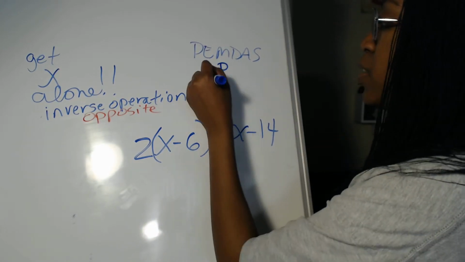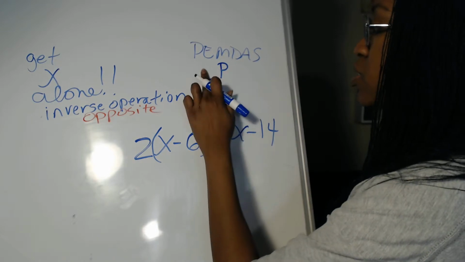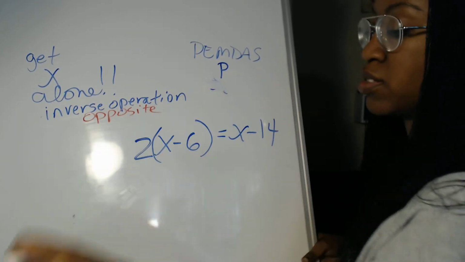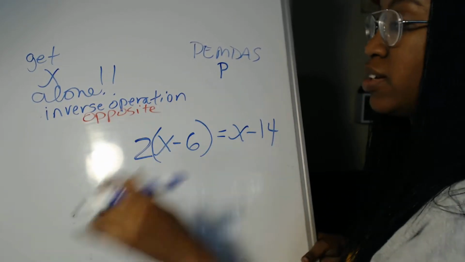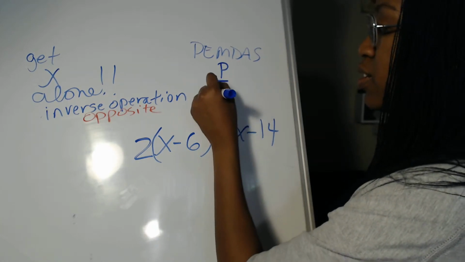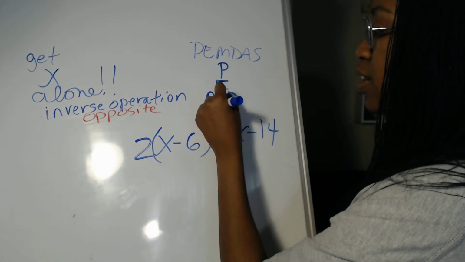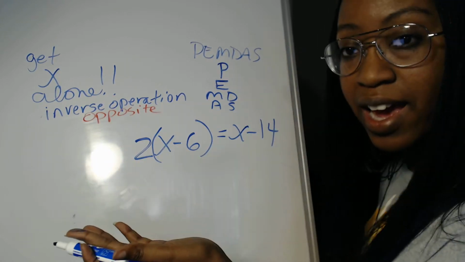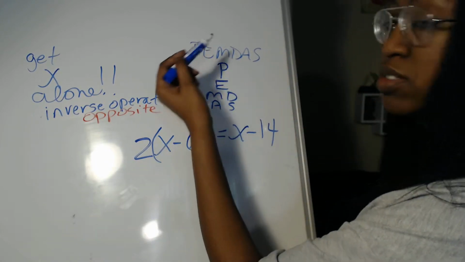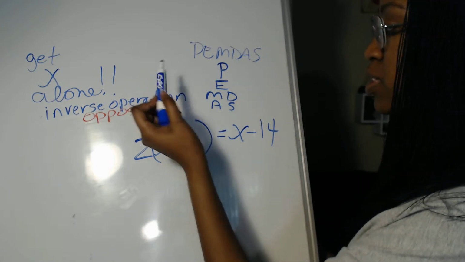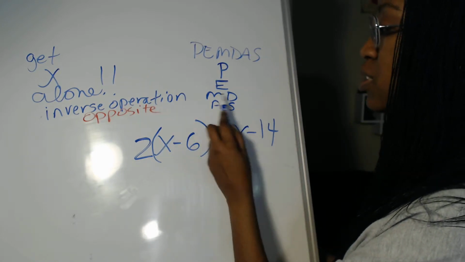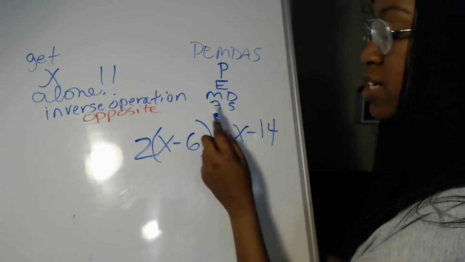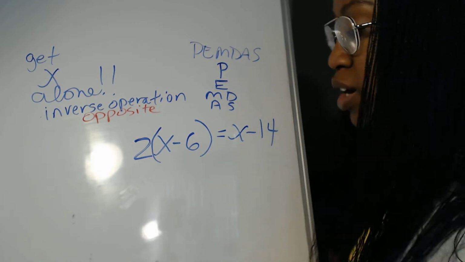These days we write it PEMDAS like that because it deals with parentheses first, exponents, then we do multiplication and division, then we go down to addition or subtraction, whatever's first.